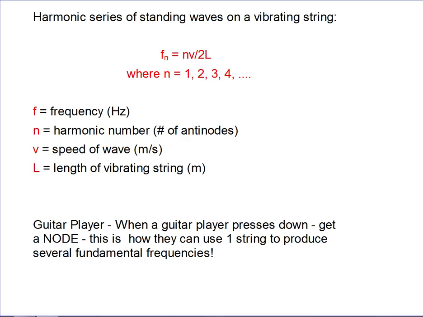Now the Harmonic Series for a standing wave on a vibrating string is: the nth harmonic is n, where n is your harmonic number, or the number of antinodes, times v, the speed of the wave, divided by 2 times the length of the string.